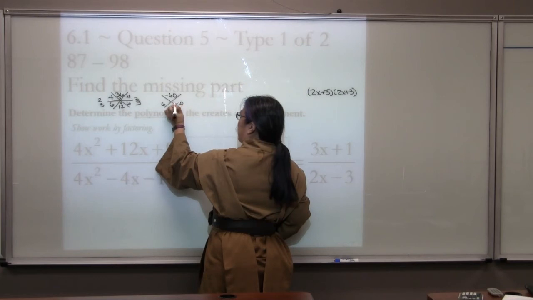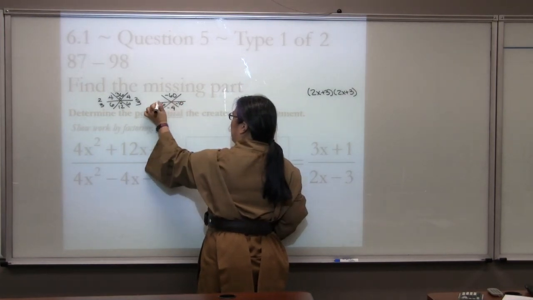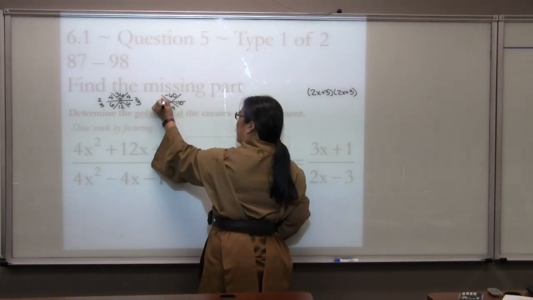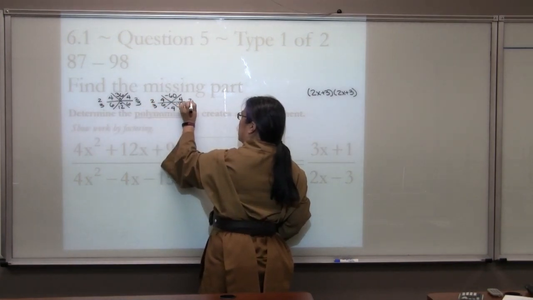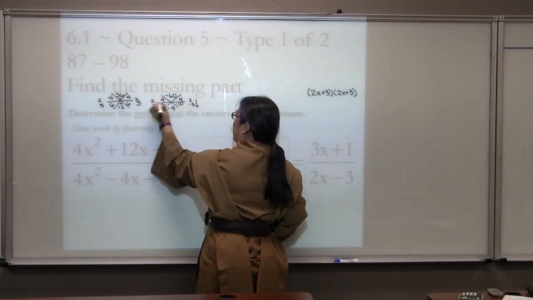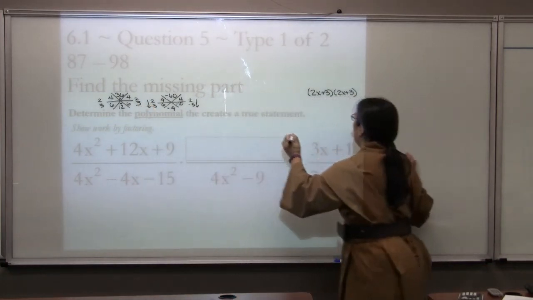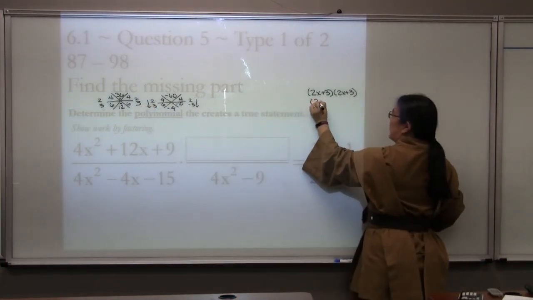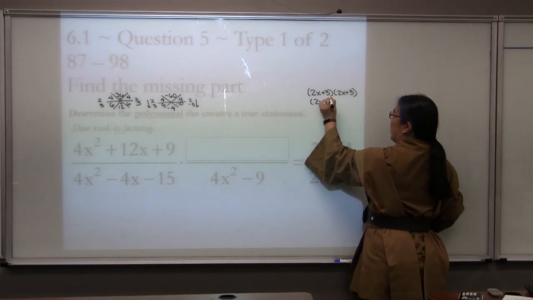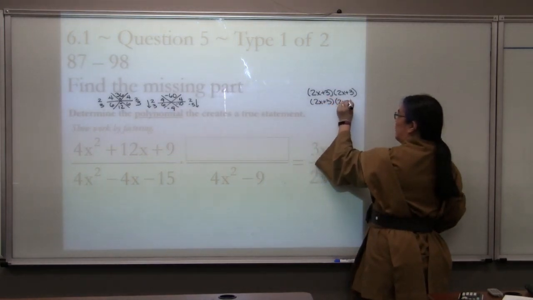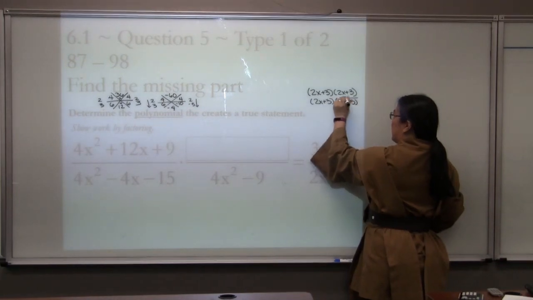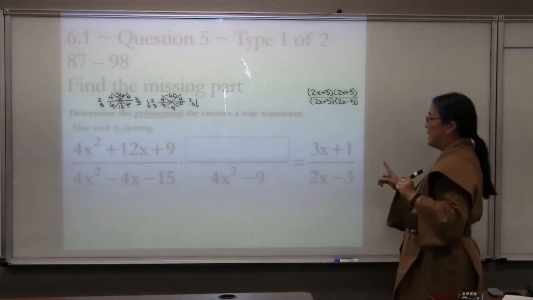To get a negative 4, I need a negative 10. 4 will go on the top, and 2, 3, and 2, negative 5. Reading going down. We have 2x plus 3. I know that it's going to factor out and cancel, but I don't want to do that yet. I want to make sure that while my brain is still in factoring mode, that I can still factor.